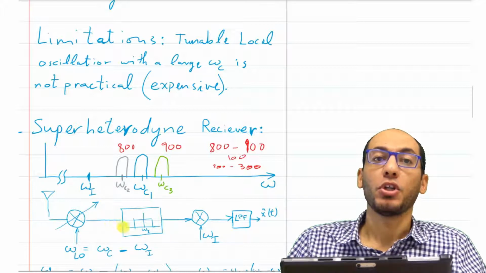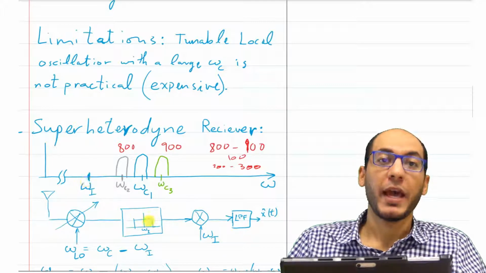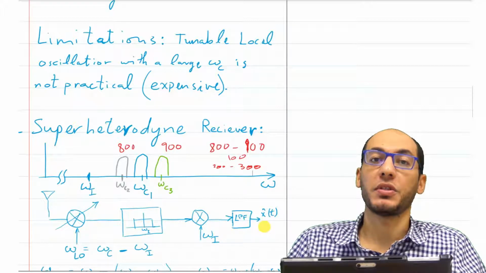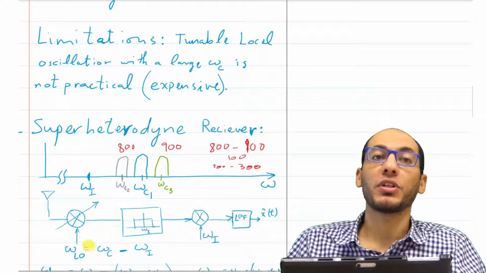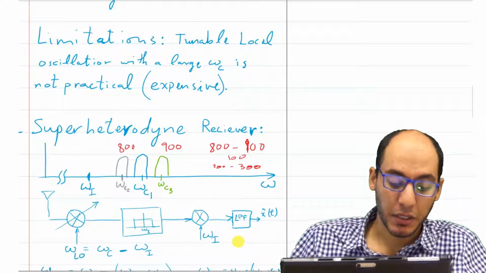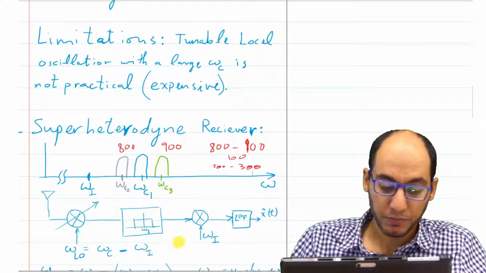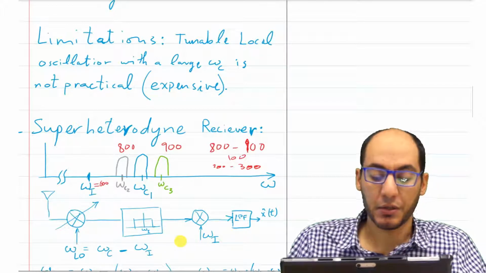It shifts it to the center frequency omega I, which is not zero anymore, and then after that it shifts everything to zero by a second stage. So the local oscillator here, its value is going to be omega c minus omega I. Let's assume, for instance, that omega I is at 600.